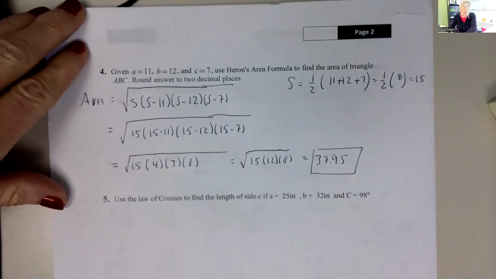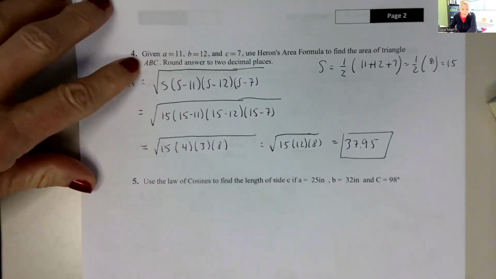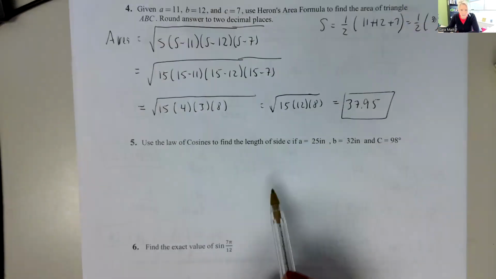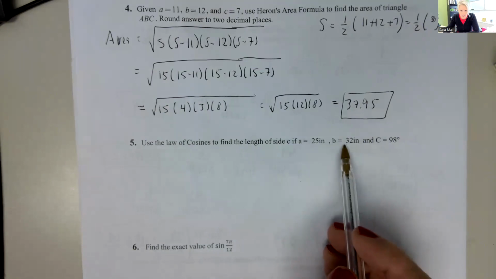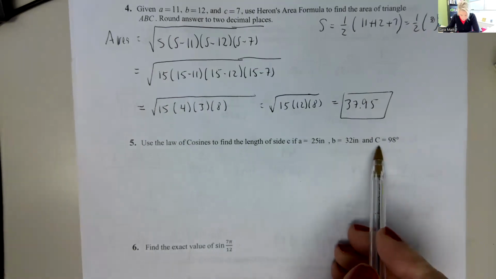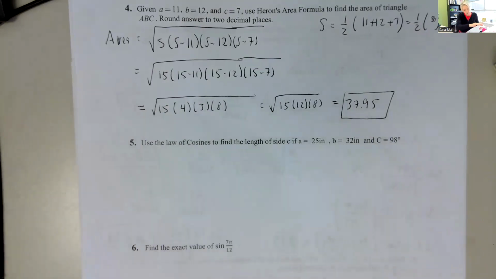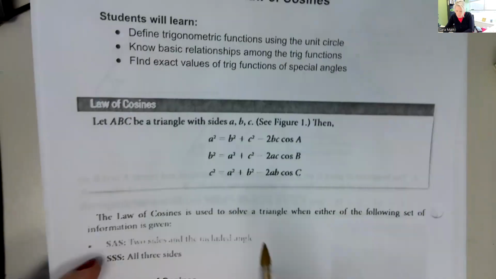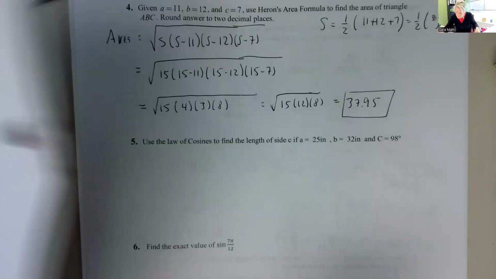So let's look at example 5. Example 5 says use the law of cosines again to find the length of side C if we know the side A, side B, and angle C. Okay, so I'll go back to our law of cosines formula, and I'm using this bottom one here.